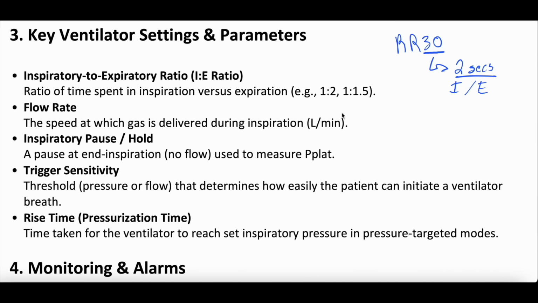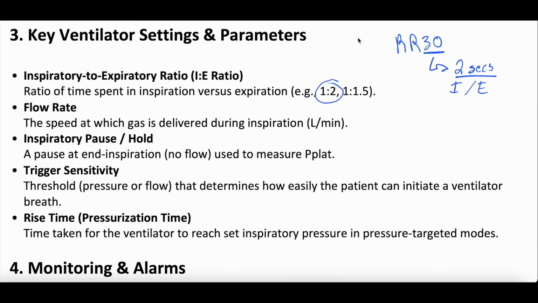Even spontaneous inspiration, our diaphragms contract, and that causes inspiration, whereas expiration, our diaphragms just relax, and that expires. On the ventilator, though, inspiration is active in the sense that we're pushing that breath in. Expiration on the ventilator is essentially we stop pushing that breath in and the patient just exhales at whatever pace they do. So normal I to E ratio is something around 1 to 2.